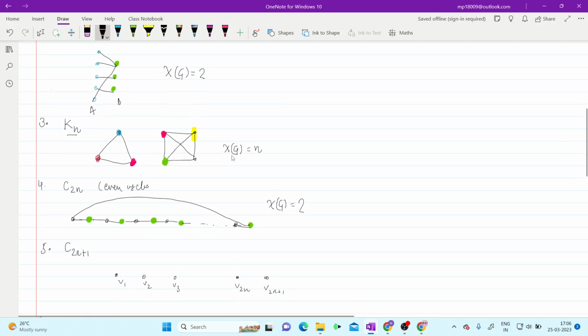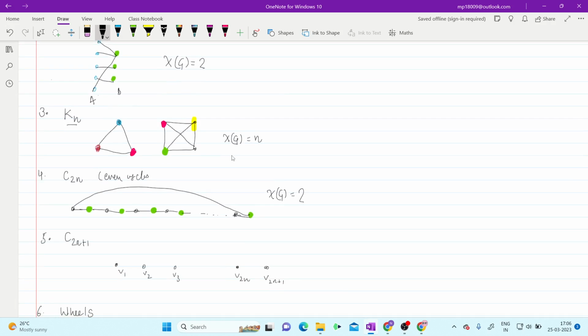Now next example is of even cycles. What should be the chromatic number of even cycles? If we have an even cycle, that means we have an even number of vertices in a cycle, so basically the degree of each vertex is 2.